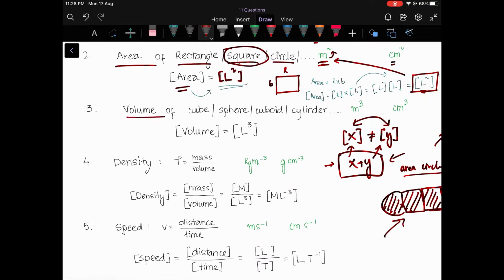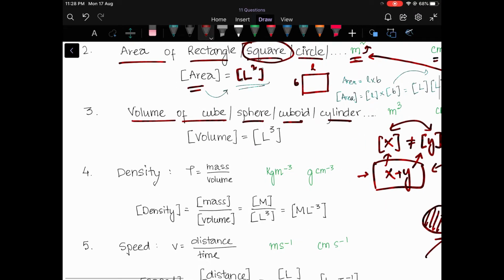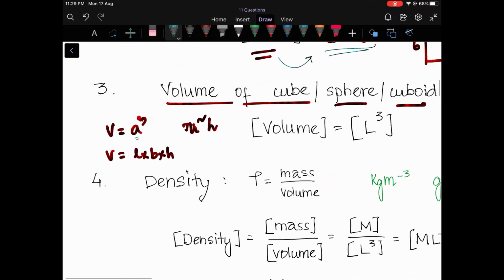Now similarly, when we check the dimension of volume of a cube, cuboid or a cylinder: for a cube the volume formula will be side cube. For a cuboid, you know volume is length into breadth into height. For a cylinder, pi r square h is the volume. In every case, if you notice, a represents your side, so we have side cube.